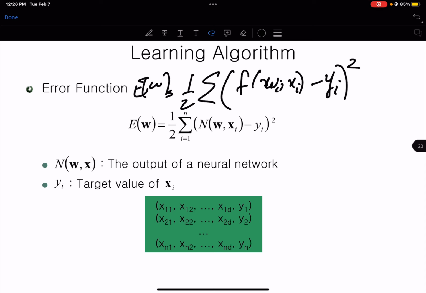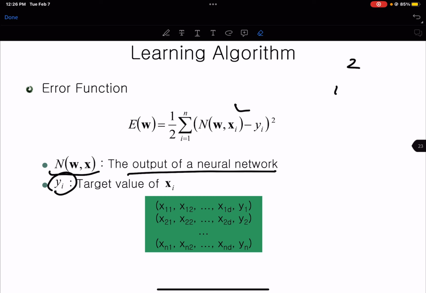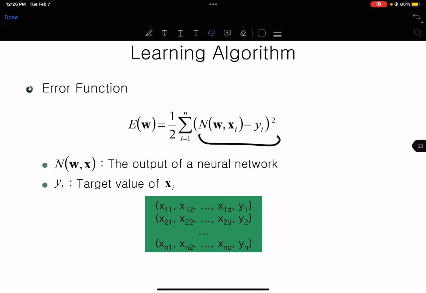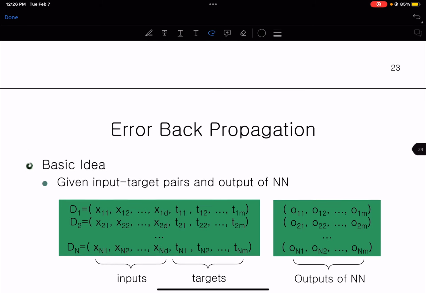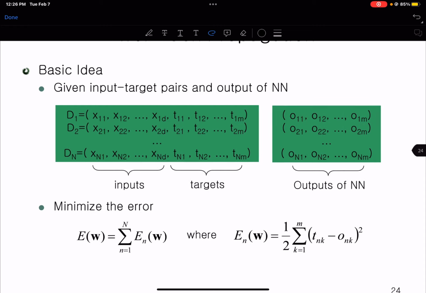For simplicity, here we define n(w, x), just simply replacing your f with this, and we call this the output of the neural network. n will be your output and y is your target. So y is what we want to achieve and n will be the output of the network. What we will try to do is minimize the squared error. That is the basic idea.